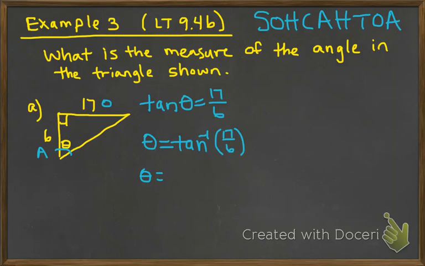After the calculator's in degrees, I type in the inverse tangent of 17 divided by 6, and I find that theta is equal to 70.56 degrees. Make sure you put that degree mark to show that it is degrees. And there's the degree of that angle that is formed in the bottom part of this triangle.